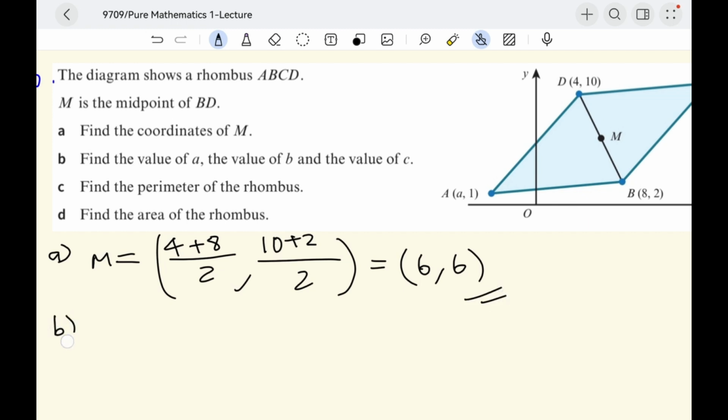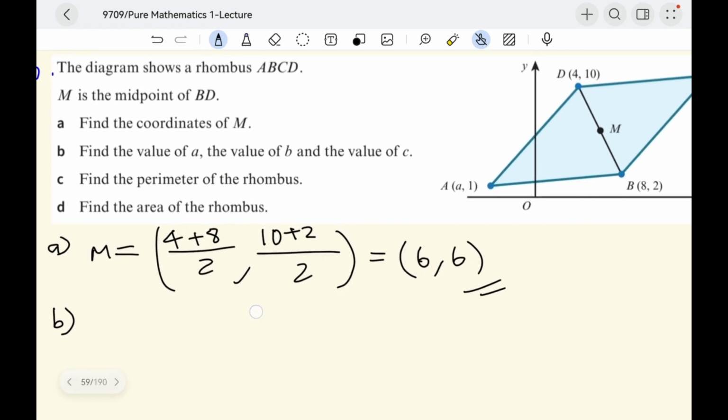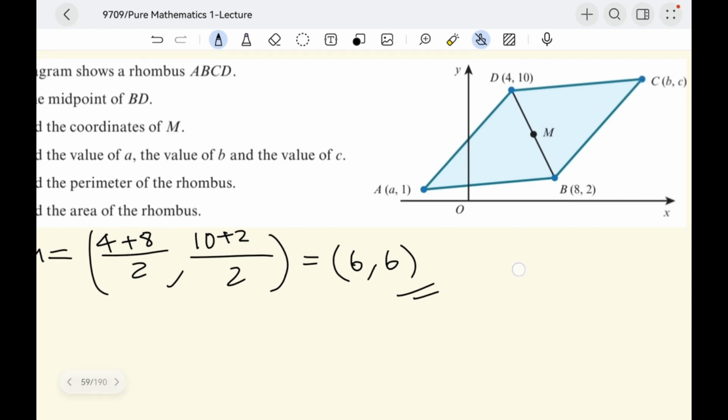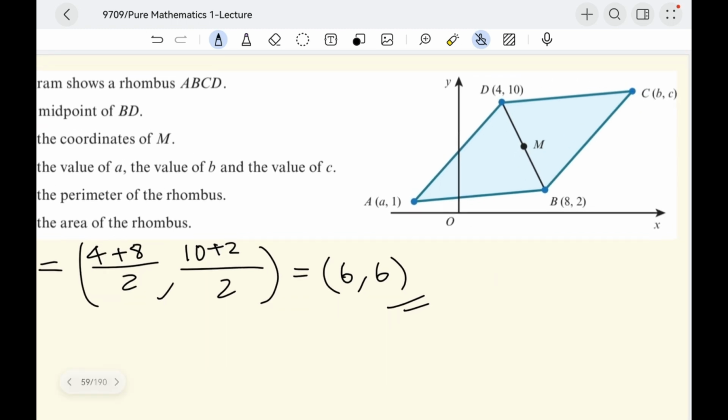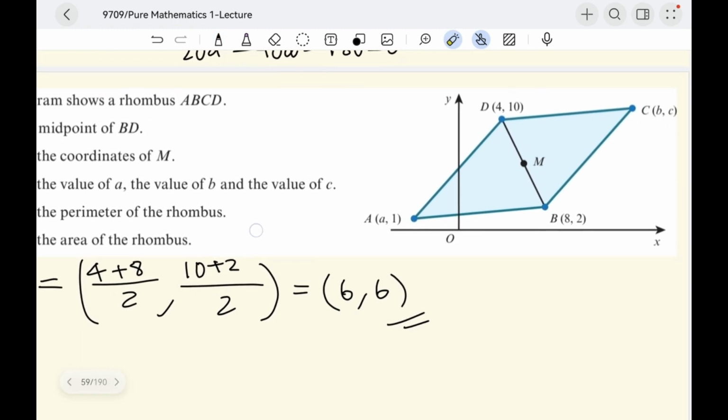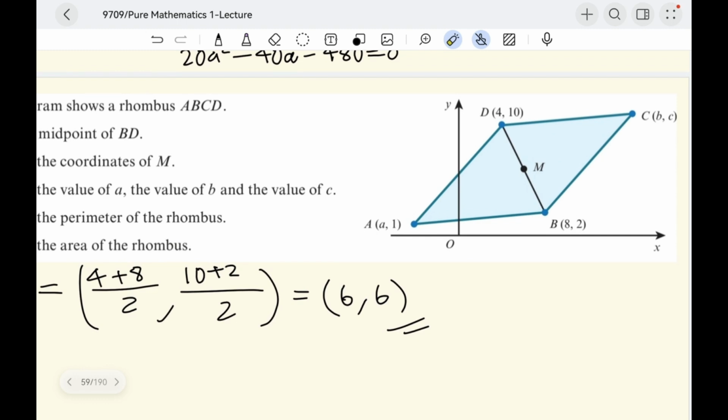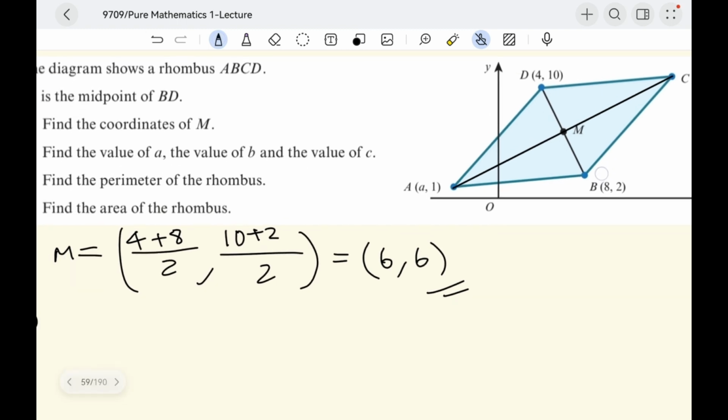Okay, for part B, find the value of A, B, and C. Yeah, following the properties of the rhombus, rhombus is considered as a quadrilateral. So following the properties of the quadrilateral, okay, the midpoints of the two diagonals are the same.